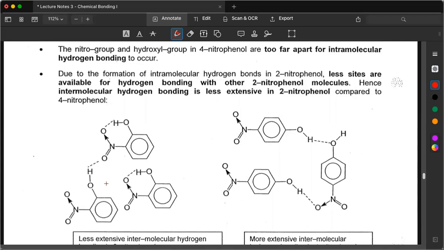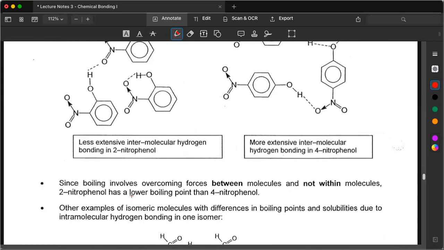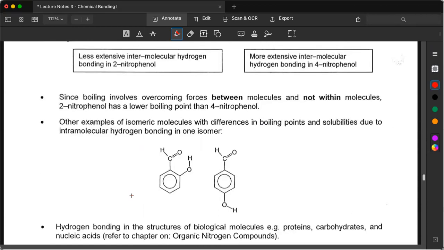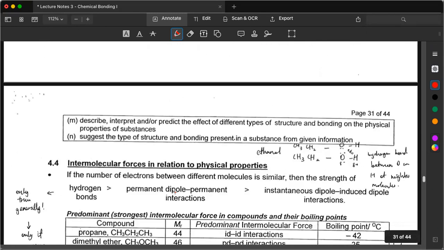Because they form intramolecular, so there is less extensive intermolecular hydrogen bond. So you don't see the bonds here, because already used here, you know what I mean? So the boiling point is lower because less extensive, less energy to overcome. So these are some other examples. Okay, you can read yourself.